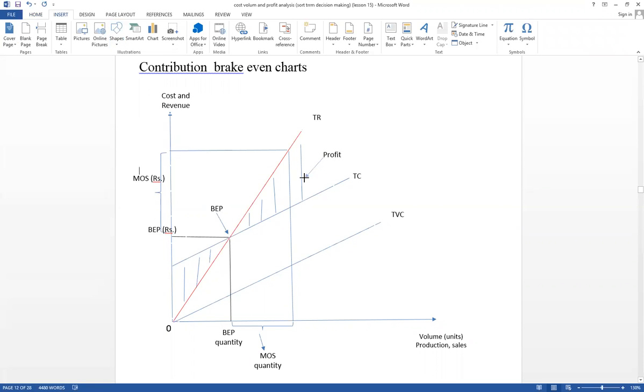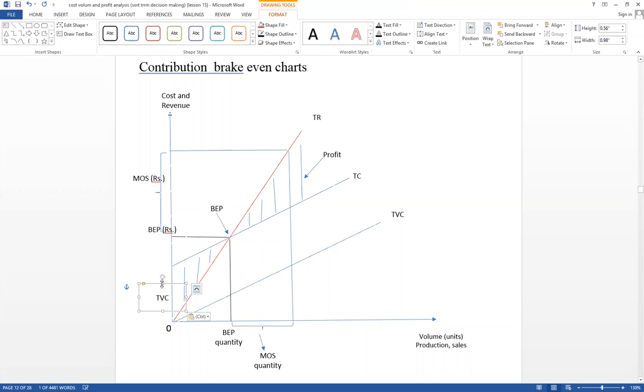Think about contribution break-even point charts. And here loss available. Total income lower than the total expense. Therefore, there is a loss.